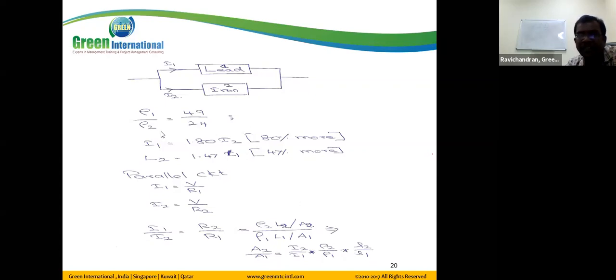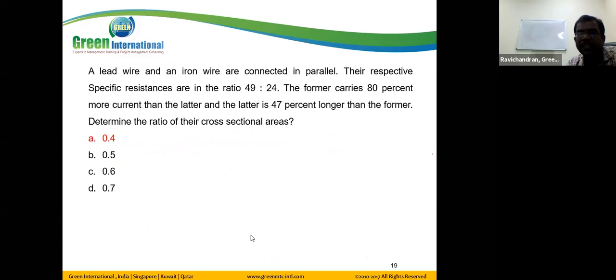So already we have the values. Rho 1 by rho 2 is 49/24. I2 by I1, already we have I1 equal to 1.8 I2. That means I1 by I2 is equal to 1.8. We substitute these values, so we get the ratio of the cross-sectional area.